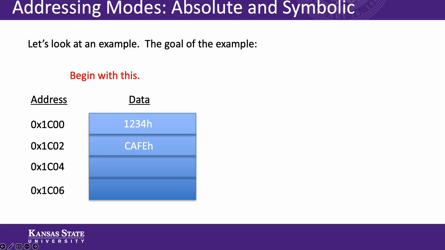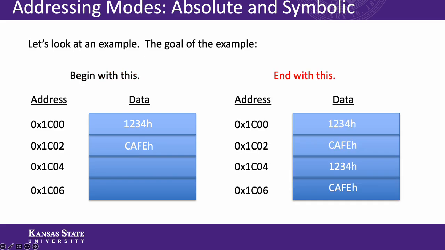So we want to start with that in this simple example, and then we're going to perform some instructions, and we want to essentially copy or move data from one address, 1C00 to 1C04, and then from another address, 1C02 to 1C06.